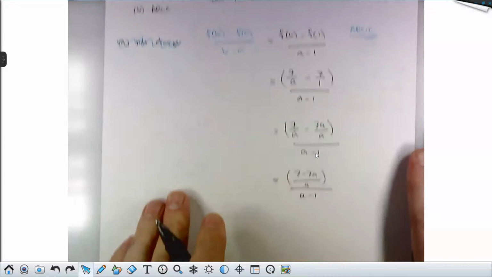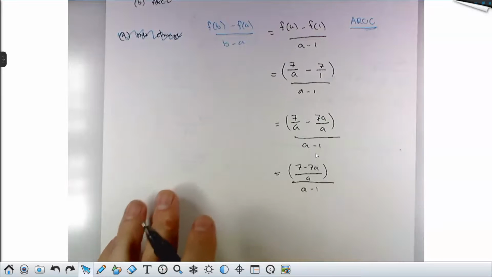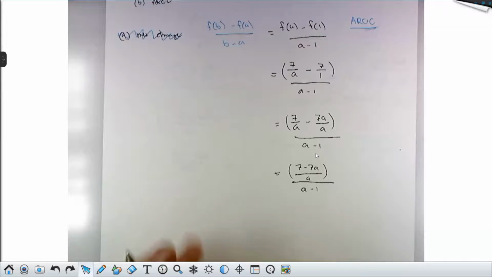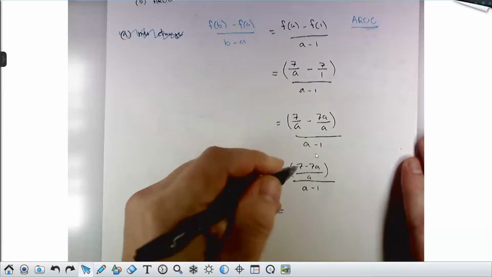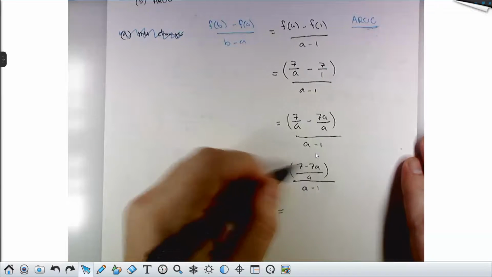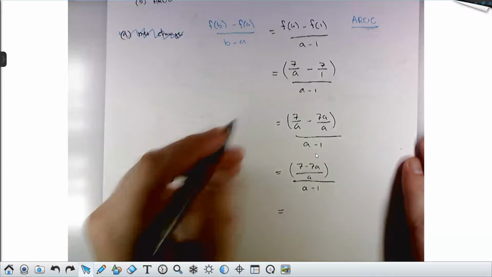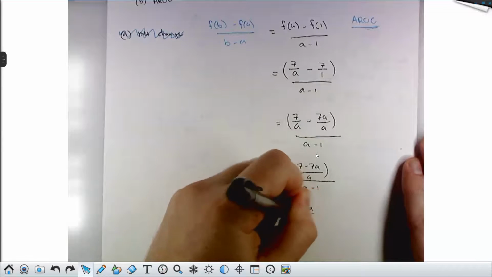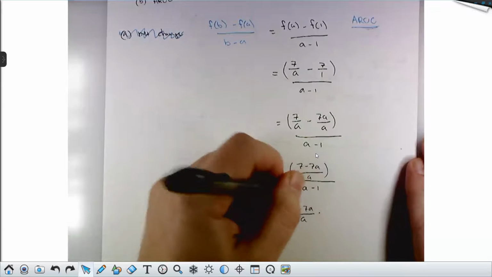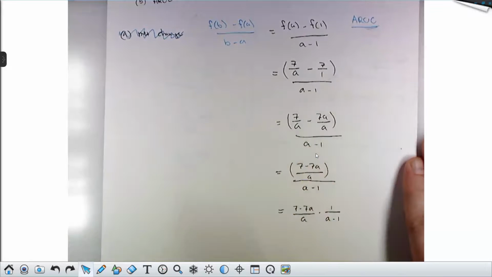And a minus 1 is still downstairs. And now this last step, I would say, okay, the top of the big fraction is this thing in parentheses, and it's all being divided by a minus 1. So this is 7 minus 7a all over a times the reciprocal of a minus 1, which is 1 over a minus 1.